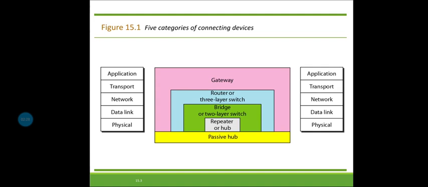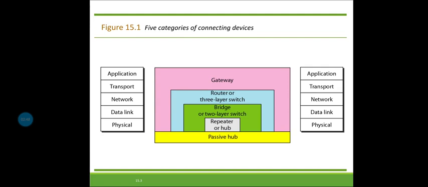And above all, if a connecting device is capable of operating at all 5 layers, then we call that a gateway. So that's the layer representation of each of the connecting devices.